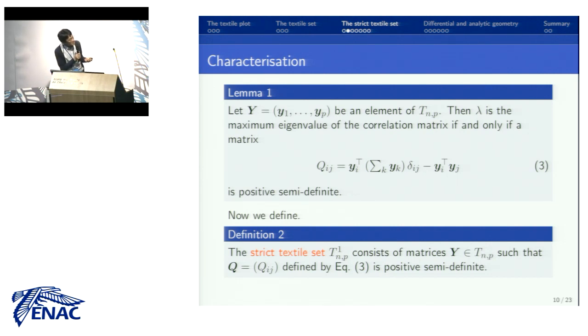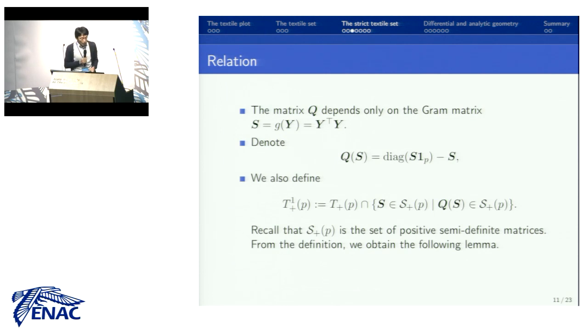The strict textile set is the set of matrices Y such that the matrix Q defined by this one is positive semi-definite. Again, the matrix Q depends only on the Gram matrix, so we denote it by Q of S, like this.